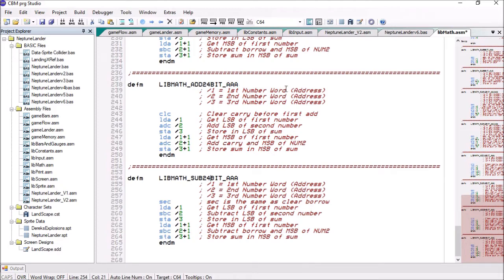But instead of being words, they are... What's a 3-byte translation? We'll just put 3-byte. Bytes.